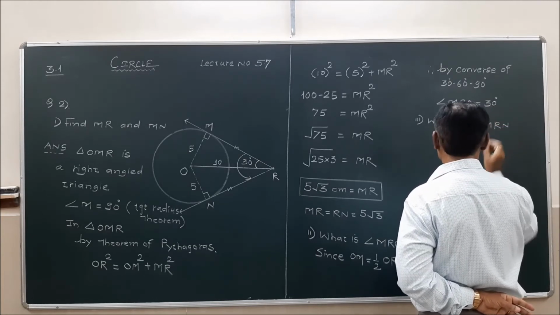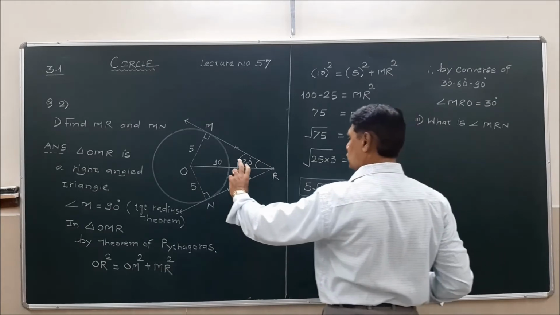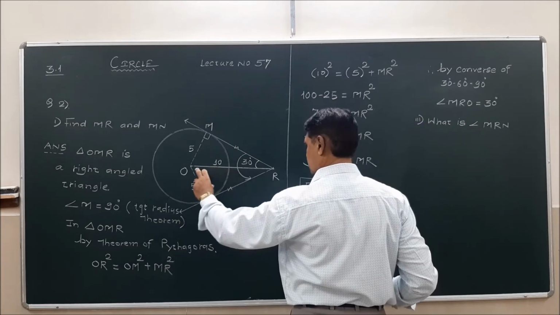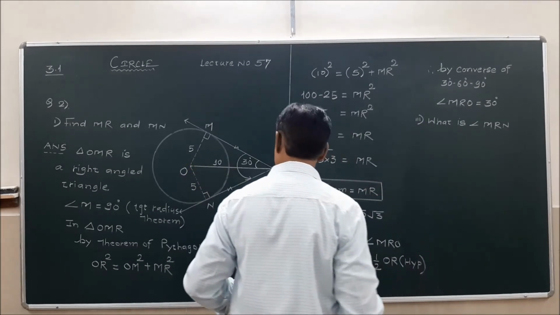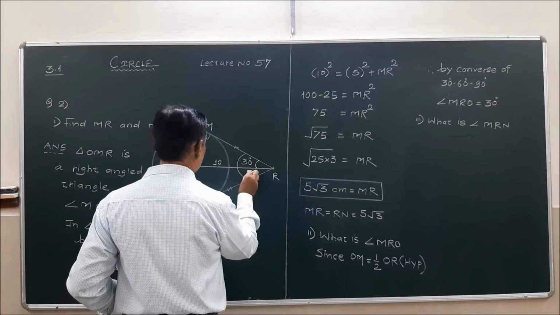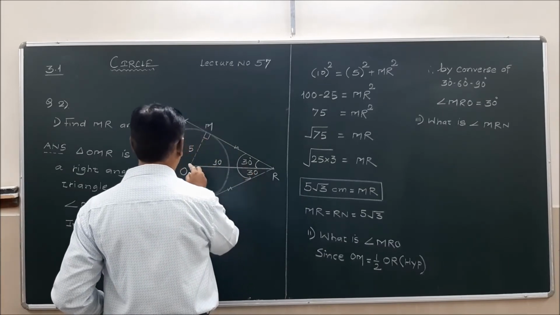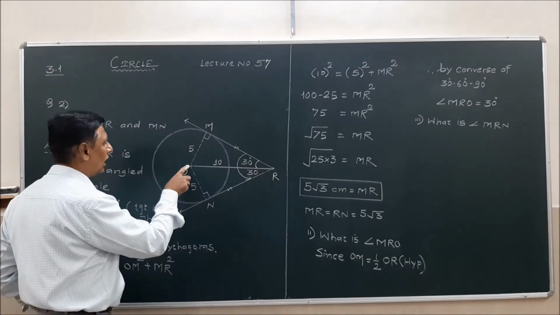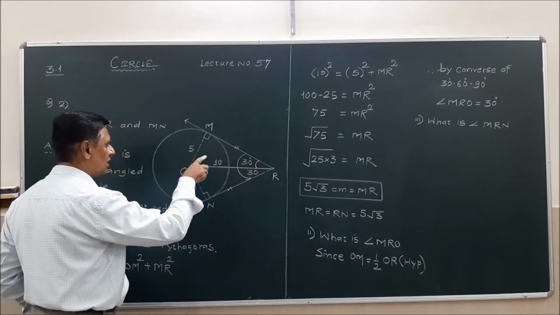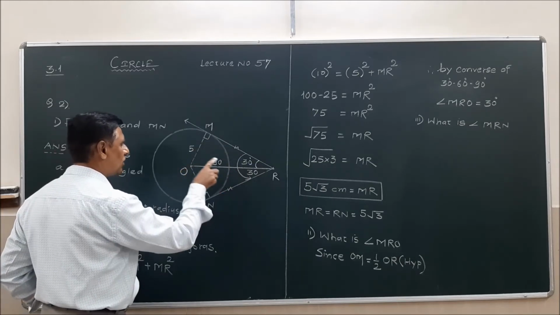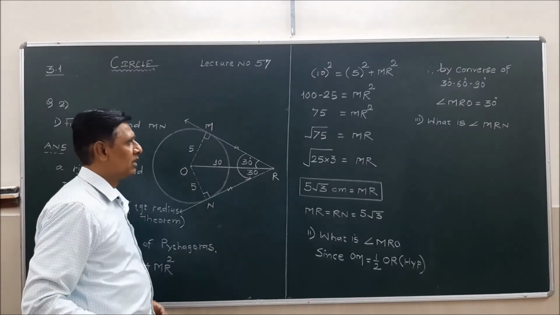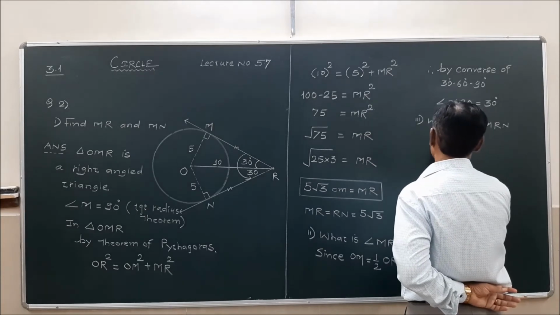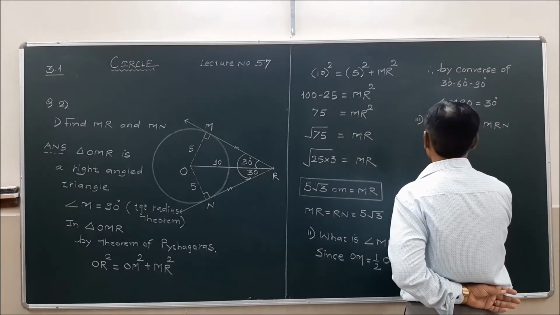You will find these two triangles are congruent by hypotenuse side theorem. So you will be getting triangle ORM is equal to triangle ORN. These two triangles are congruent by hypotenuse side theorem. So angle MRN is equal to 60 degrees.